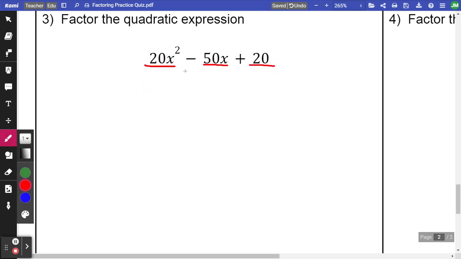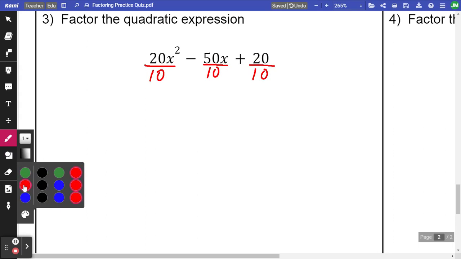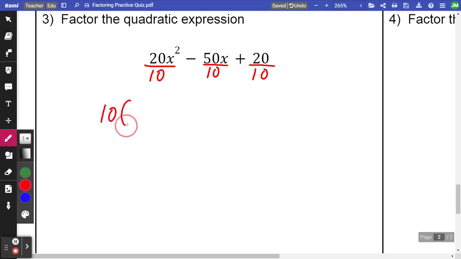Divide out 10 from all of these. And that's going to give me 10 on the outside. 20 divided by 10 is 2x squared minus 50 divided by 10 is 5x. 20 divided by 10 is 2.